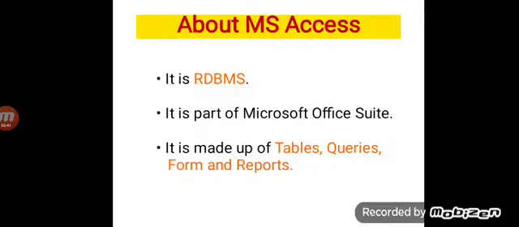MS Access is made up of tables, queries, forms and reports. Now let us see all four of these. What are tables, queries, forms, reports? Let us see tables first. Tables are the main storage containers of the data which is entered into a database.